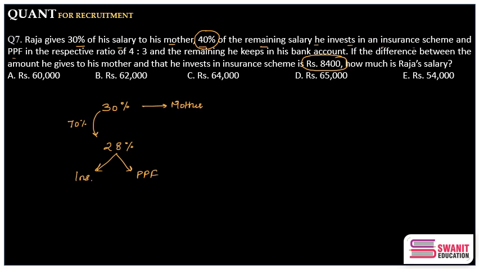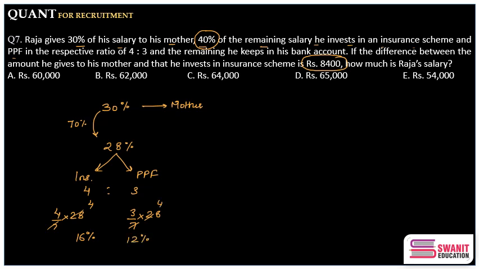And the ratio of this investment is 4 is to 3, which means 4 by 7 of 28% is in insurance and 3 by 7 of 28% is in PPF, which upon solving gives me 16% in insurance and similarly 12% in PPF.